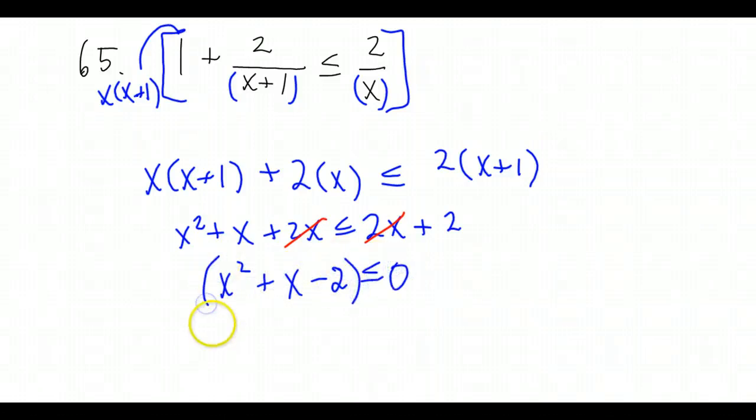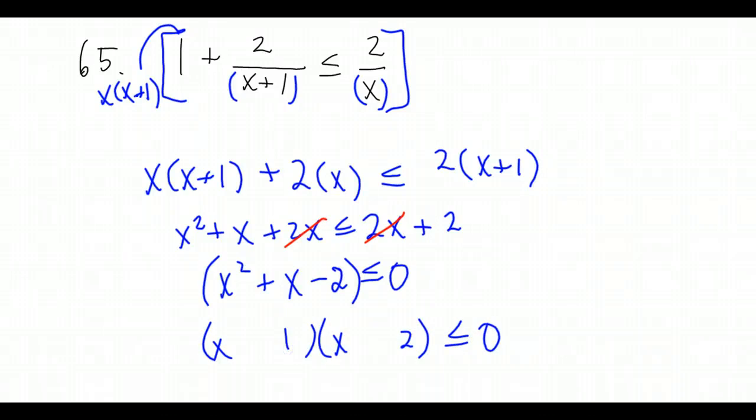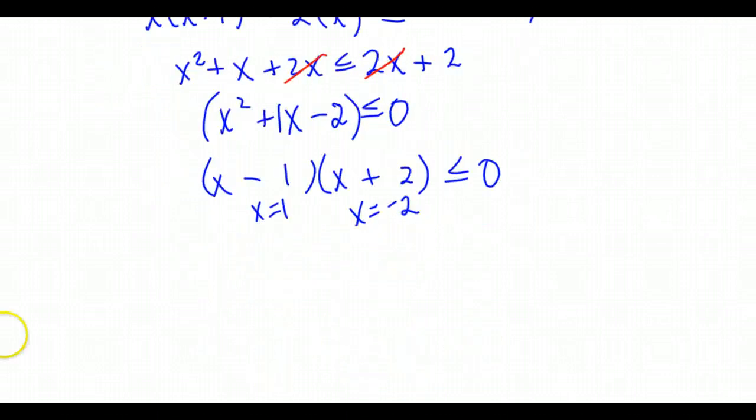I'm going to try to factor that. Hopefully it will. Optimistic. Let's see, 2 and 1. Okay, this adds to be 1, so the bigger number must be positive. This one's negative. You get x equals 1, and x equals -2 for my critical points.